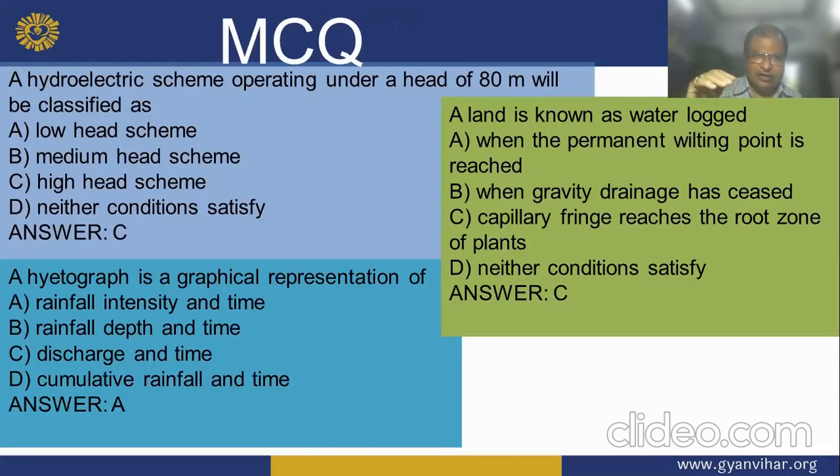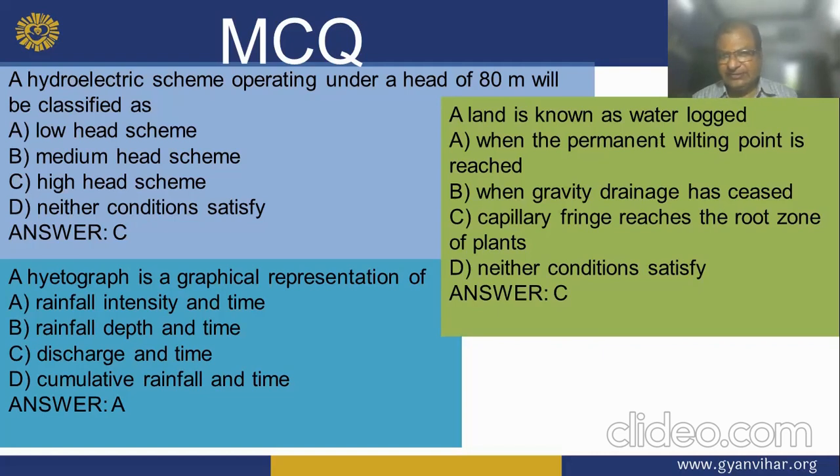A hydroelectric scheme operating under a head of a certain number of meters will be classified as a high head scheme; the correct answer is C. A land is known as waterlogged when the permanent wilting point is reached.